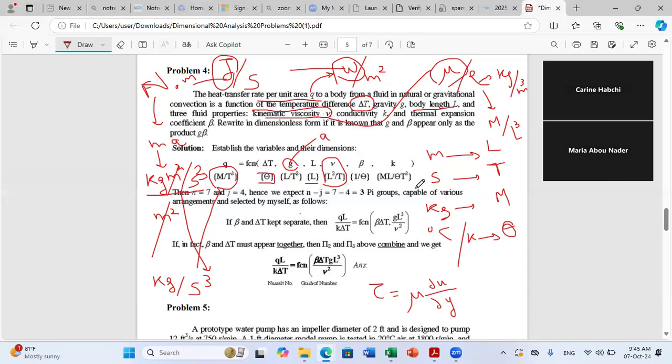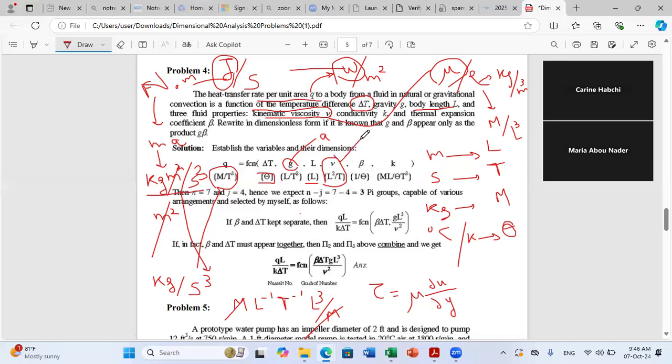Now, second step. What is mu? If you remember, it's M L to the minus 1, T to the minus 1. This is for the dynamic viscosity. Divided by rho, so multiply by L cube and divide by M. M will cancel out, and you will get L cube times L to the minus 1, which is L square over T. So that's it.